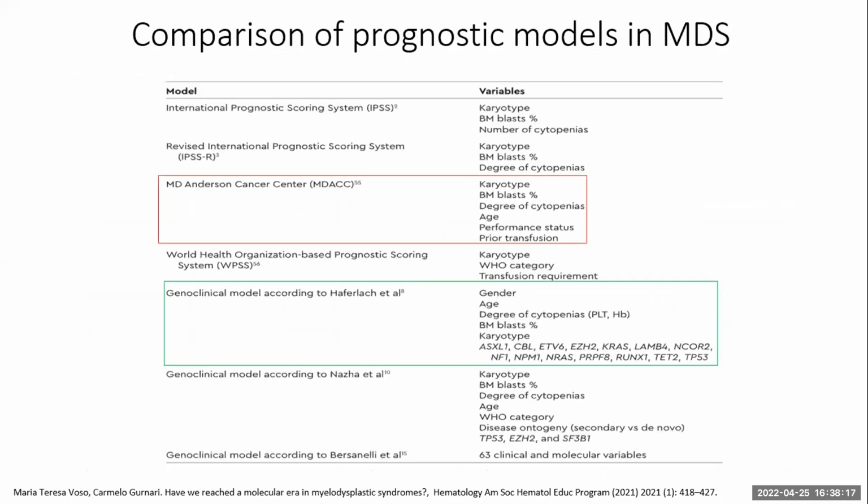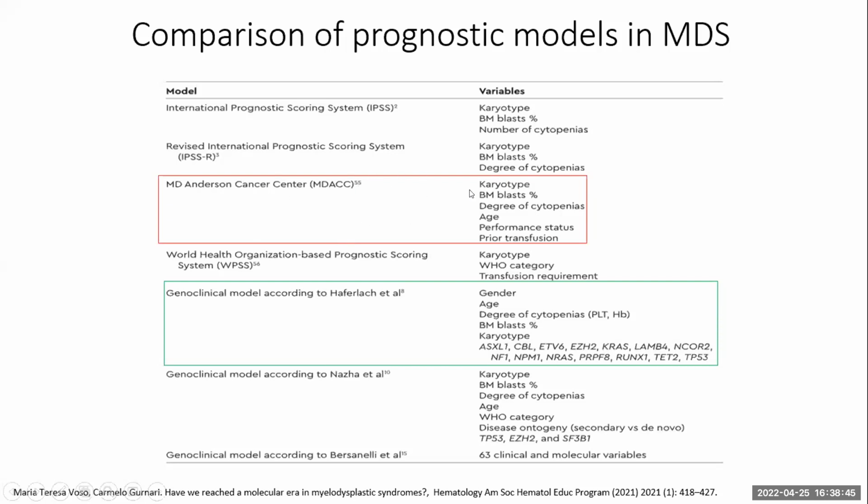On this table, I included different types of scoring systems. There is the IPSS, number 1, and number 2, the revised one that we've just discussed, with the parameters they use: karyotype, blast counts, and the number of cytopenias, or the degree of cytopenias for the revised one. Then there is the MD Anderson Cancer Center prognostic scoring system.